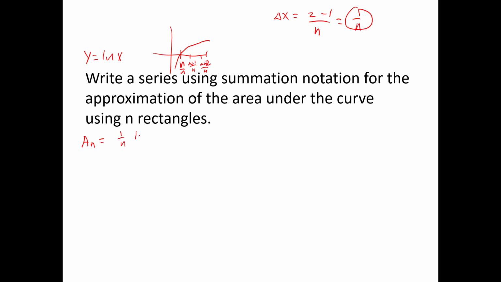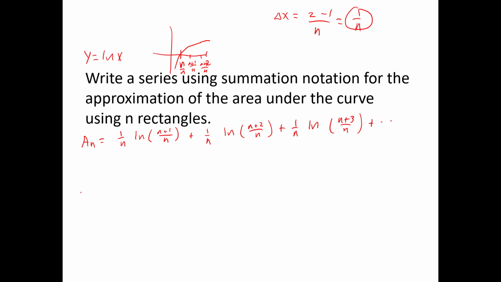To find your height, for the first one, you're going to take the natural log of n plus 1 over n. For the second one, width is 1 over n. And then the height, you're going to take the natural log of n plus 2 over n, and then you're going to take the natural log of n plus 3 over n.